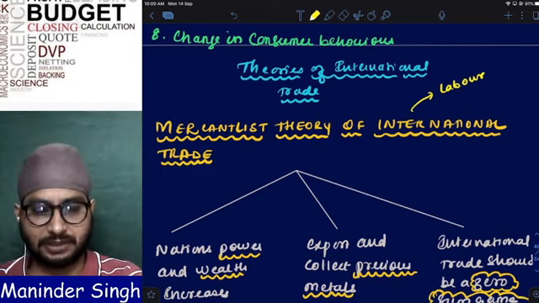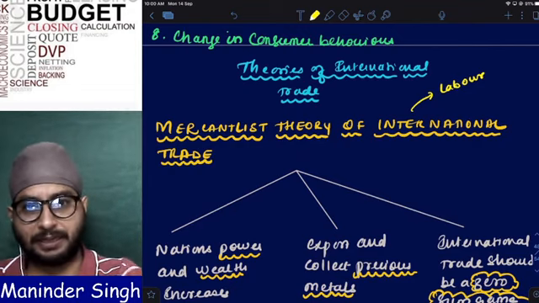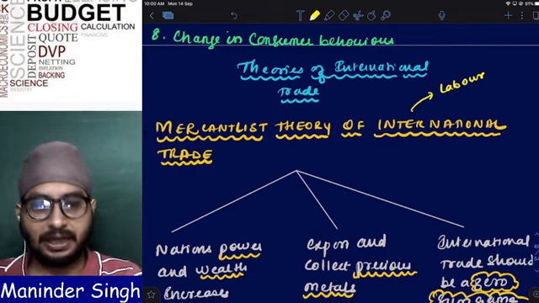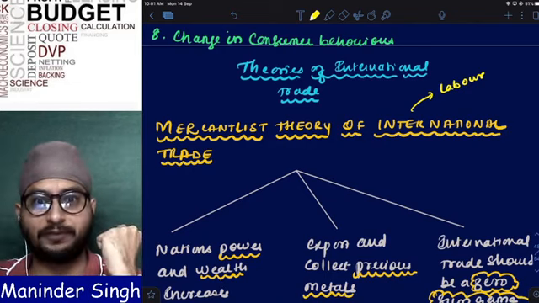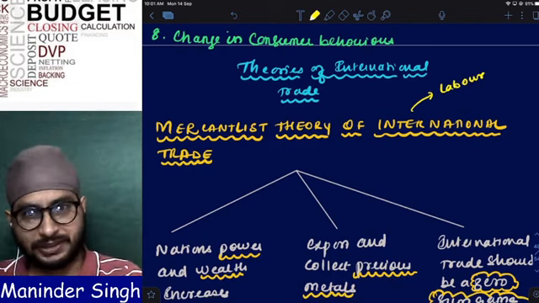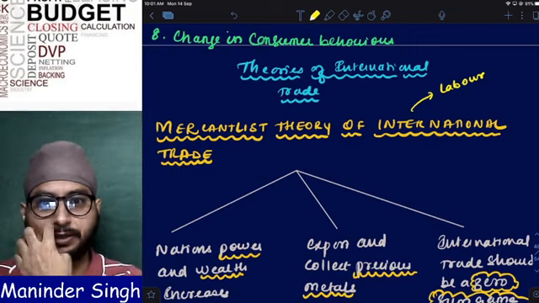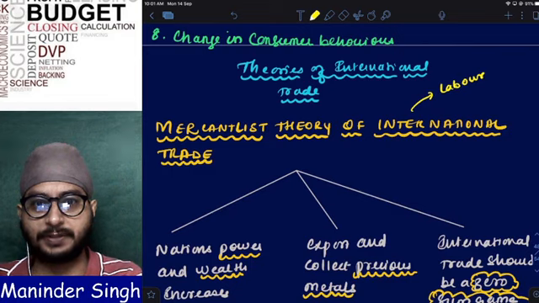When I am exporting cloth to you and importing wheat from you, it doesn't mean that we are exchanging these two items. Once I export cloth to you, I will take money for that, and once I import wheat from you, I will pay you money for that. That's not a barter system. Don't assume that it is a barter system.